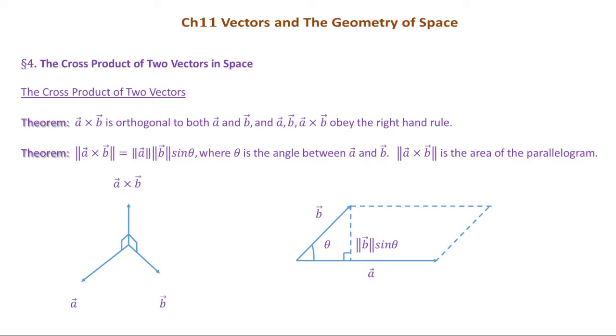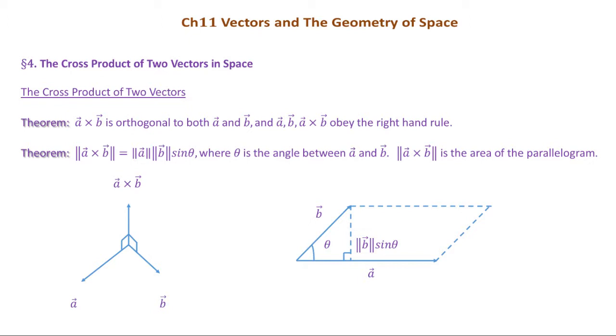The first theorem says A cross B, as we said, is another vector. So this vector is orthogonal to both A and B. Okay? And so it is perpendicular to the plane determined by A and B. And also A cross B obeys the right hand rule.